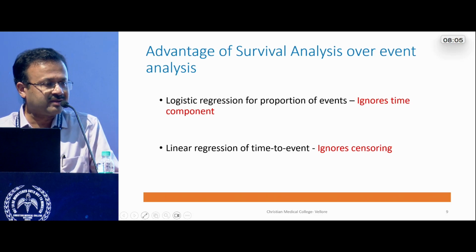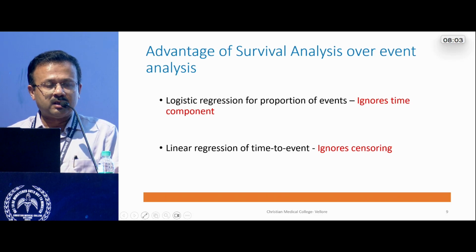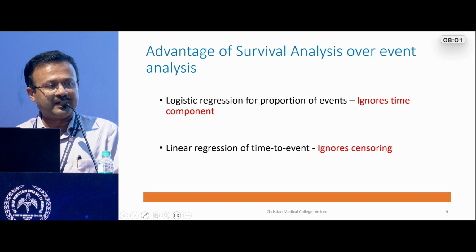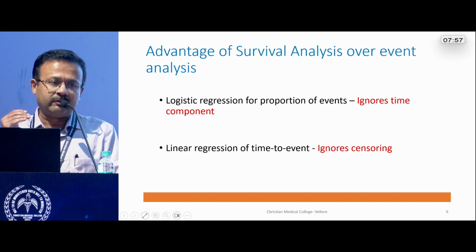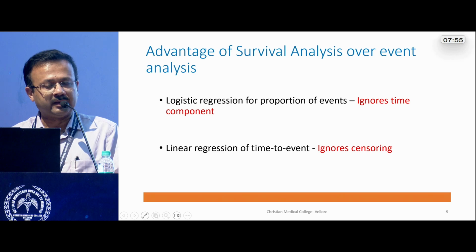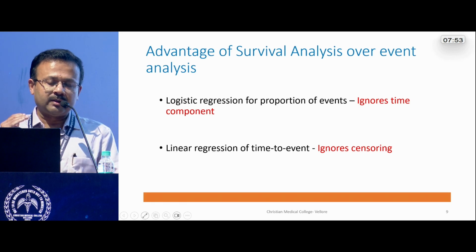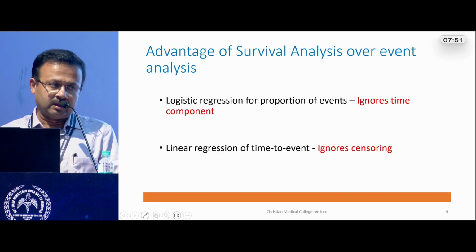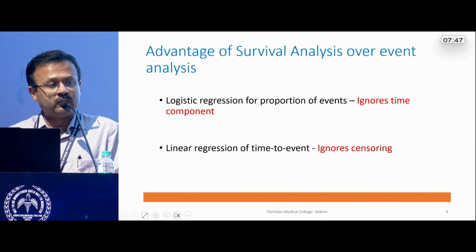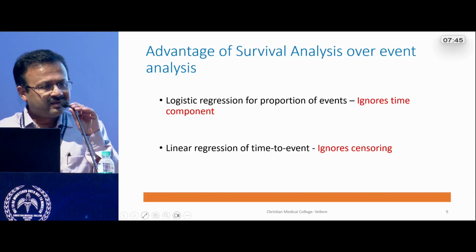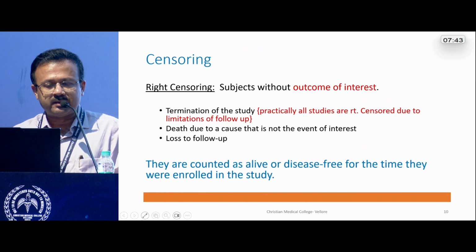In logistic regression, we use a dichotomous variable, but we do not have the time component. You can only have death, alive, but we lose the time component in that. In linear regression, if I put time to event as a linear dependent outcome, it ignores censoring. So censoring is a very powerful tool in this survival analysis.